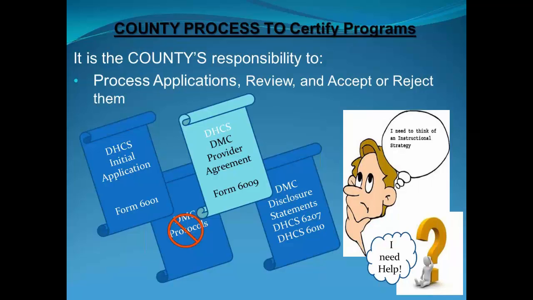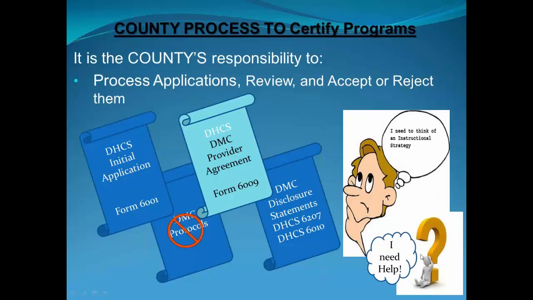The drug Medi-Cal disclosure statement, and that would be the 6207 or the 6010 if they need to do it, is not required for counties to review. That will still go to DHCS for review. So the drug Medi-Cal application 6001 and the 6009, that's what counties will have a process where they'll review it.